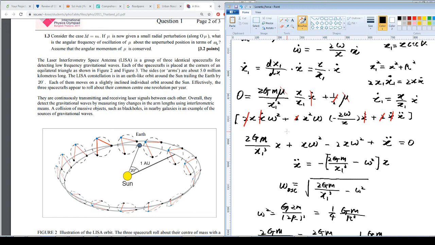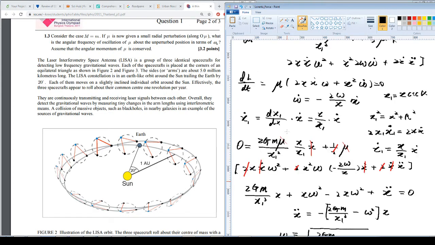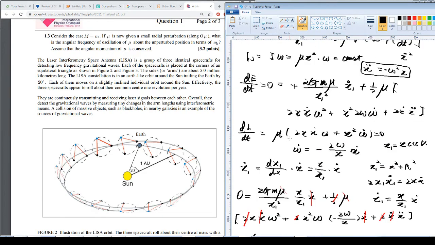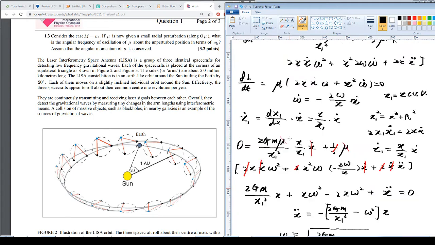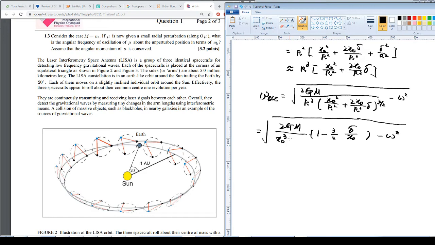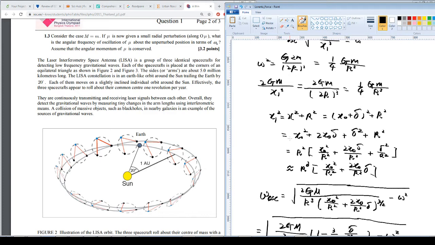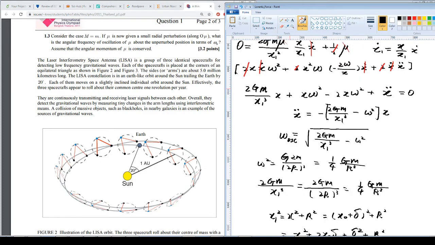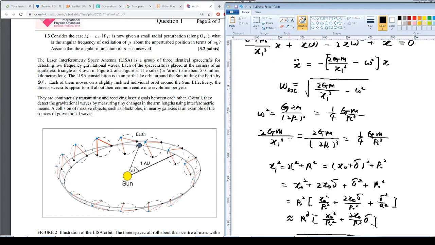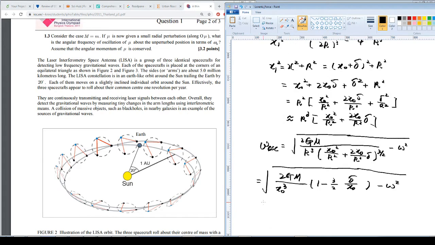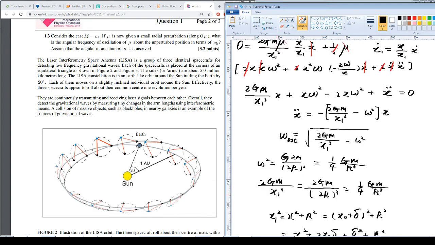We didn't make any approximations before this point, right? Everything else was exactly calculated. 2gm over x1 squared.